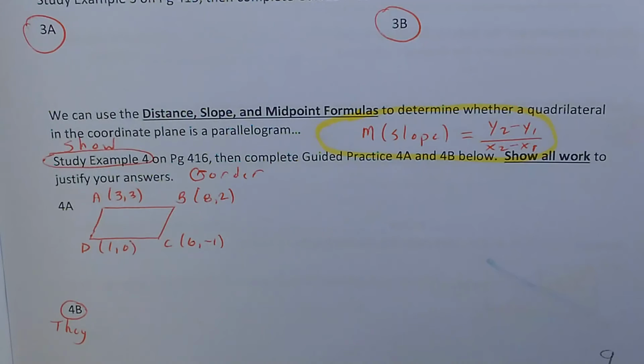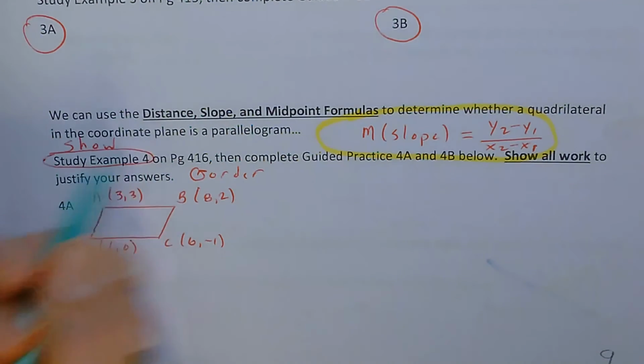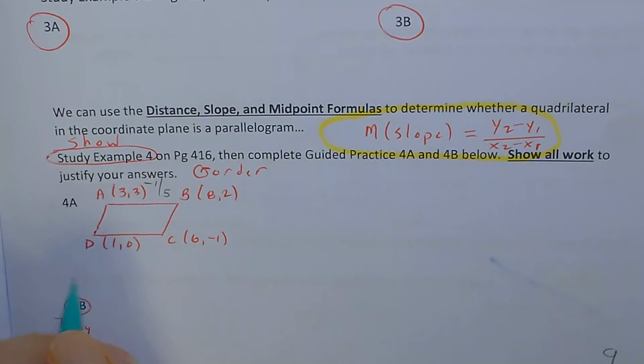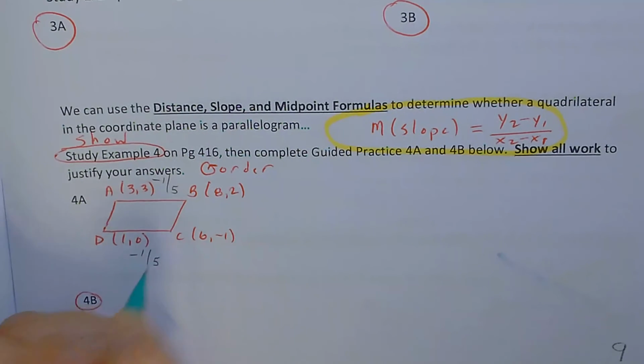All right, so the slopes for this problem are, hold on, let me find my, that's not it. Let's see if I can find that. There it is. Okay, so the slopes are going to be -1/5, put that on the top, and then -1/5, put that on the bottom.